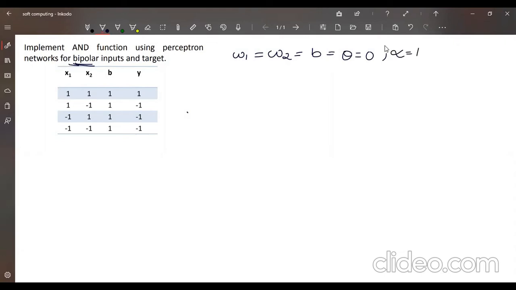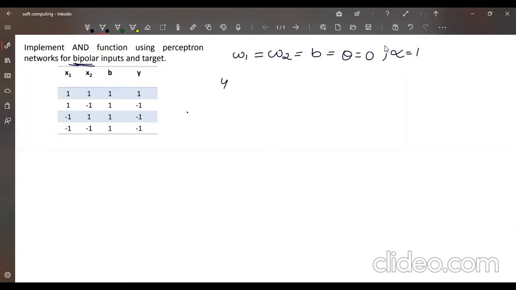Now, the first step is we need to calculate the input value for each and every input given in the question. We have been given 4 inputs. So now let's find the input value for the first one.